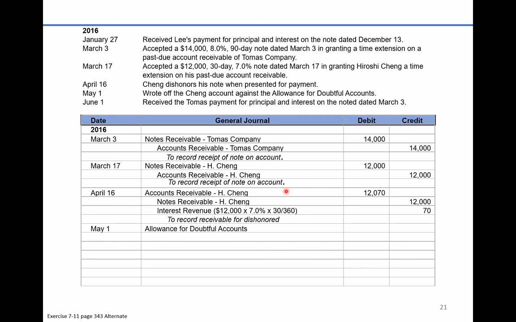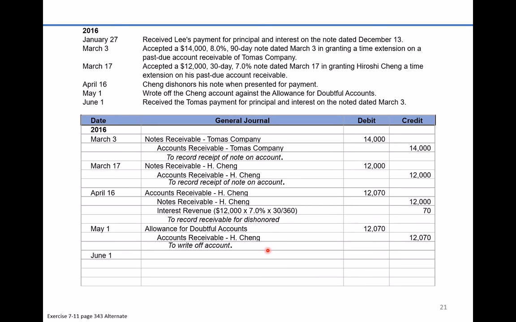We're going to use up the allowance in the amount of the full account balance for Chang now that includes his interest of $12,070. So we're going to credit $12,070 to Mr. Chang's account to make his balance go to zero, and we're going to use up some of our allowance. Remember, the allowances have a normal credit balance. To use it up, we're going to debit it, and that transaction is to write off the balance for Mr. Chang.